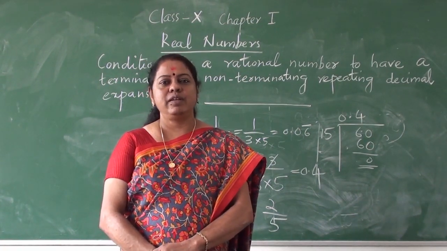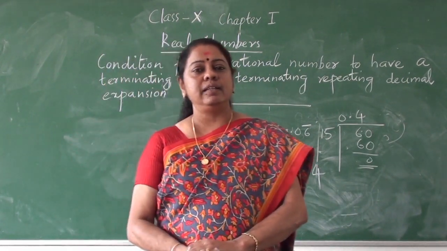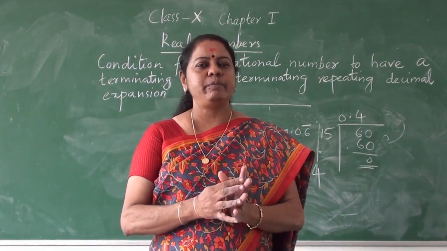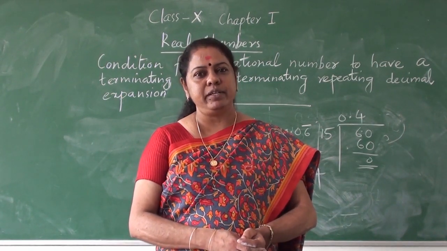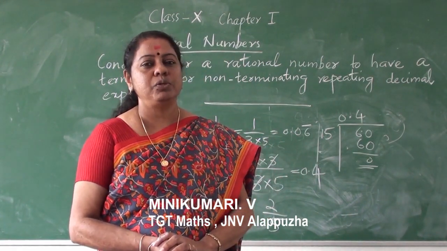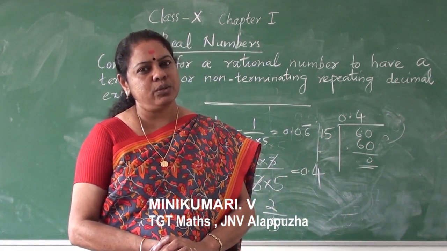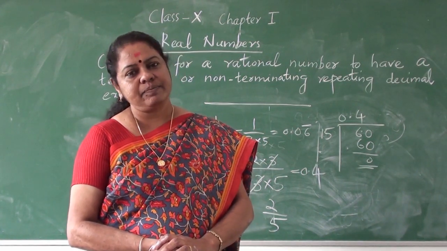Consolidating, we can say this: if the decimal expansion of a rational number p by q, where p and q are co-prime integers, terminates, then the denominator is of the form 2 raised to n into 5 raised to m, where n and m are non-negative integers.